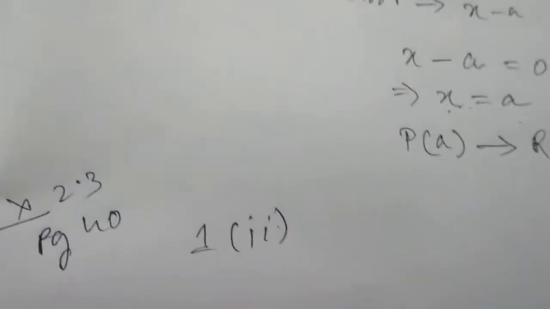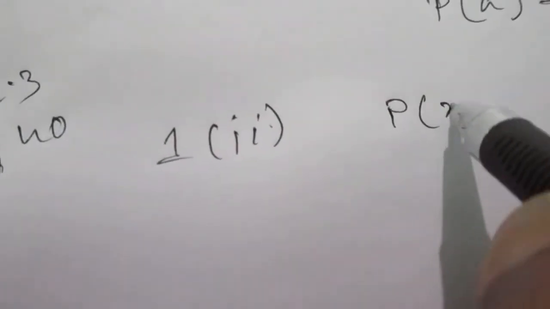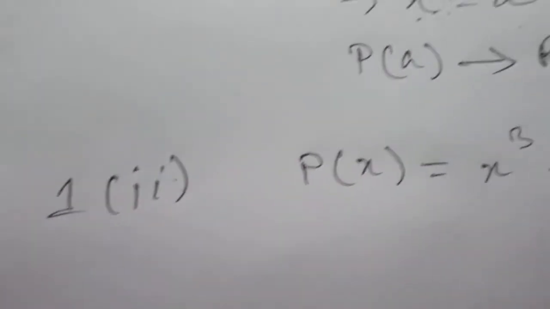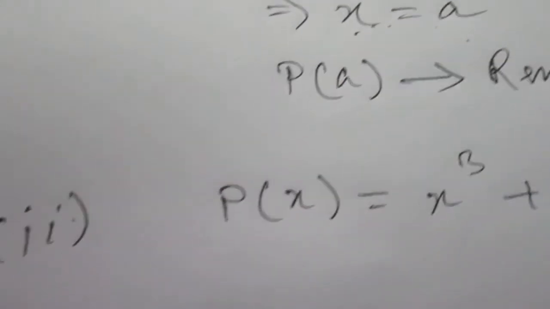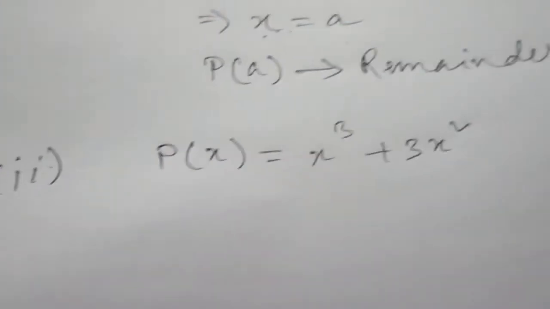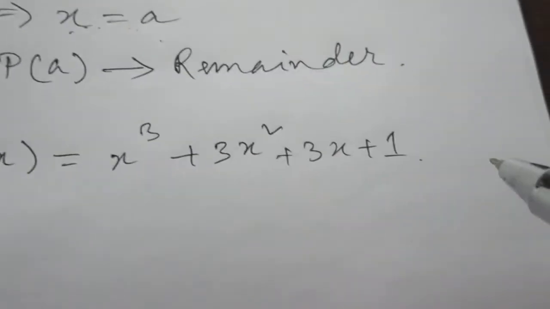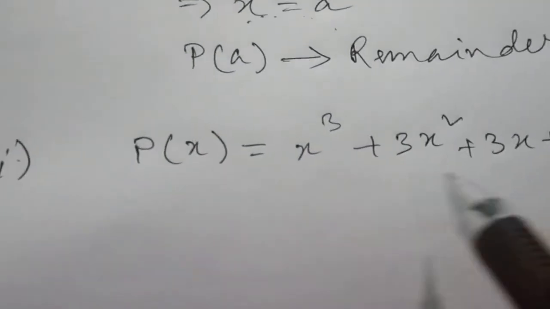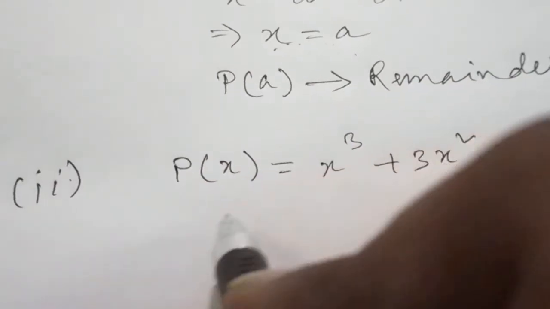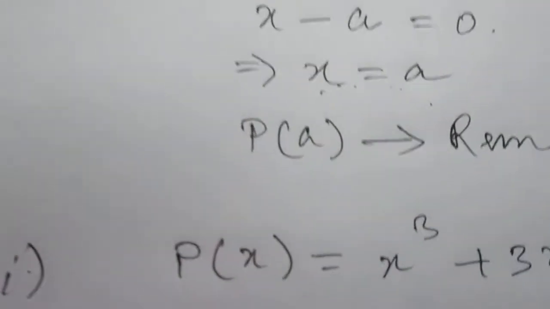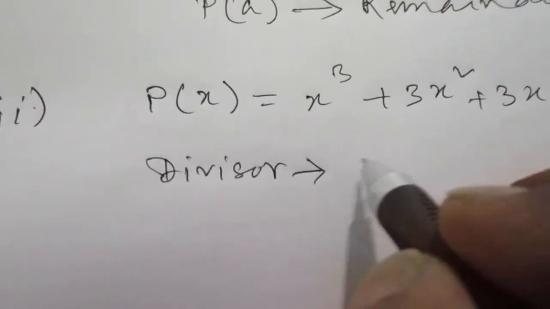So p(x) is equal to x cube plus 3x square plus 3x plus 1. This is the dividend, p(x), and the divisor is x minus half.